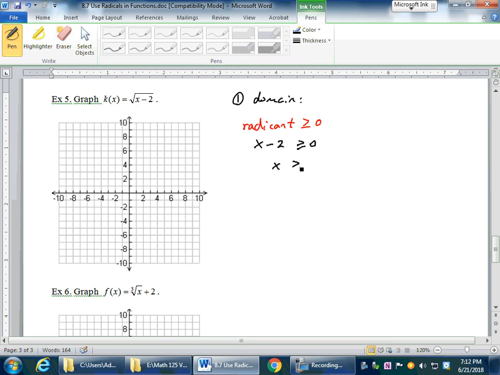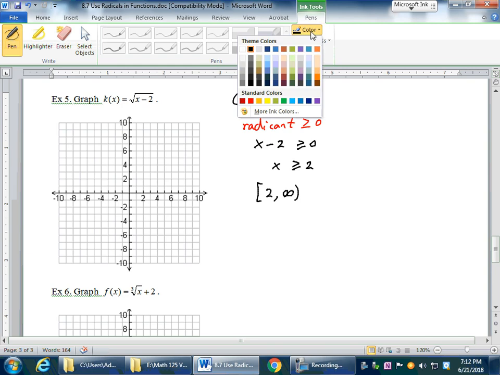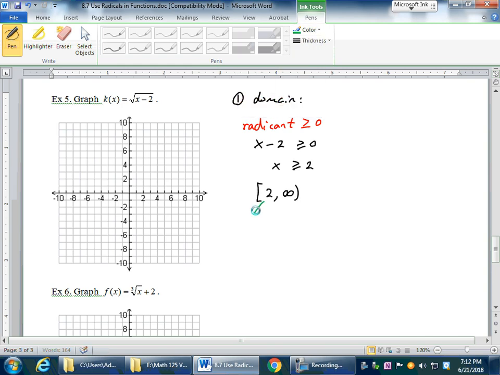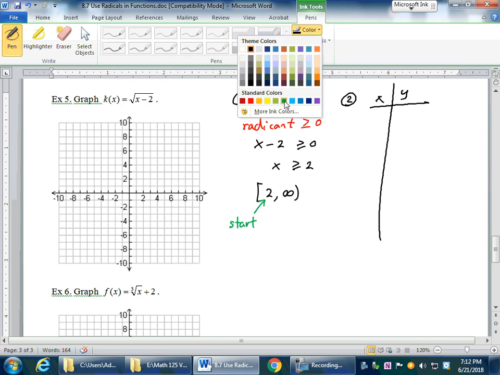That gives me x is greater than or equal to 2. That tells me my domain is from 2 to positive infinity, which allows us to see the starting point. Next step, using the starting point to find the ordered pairs.